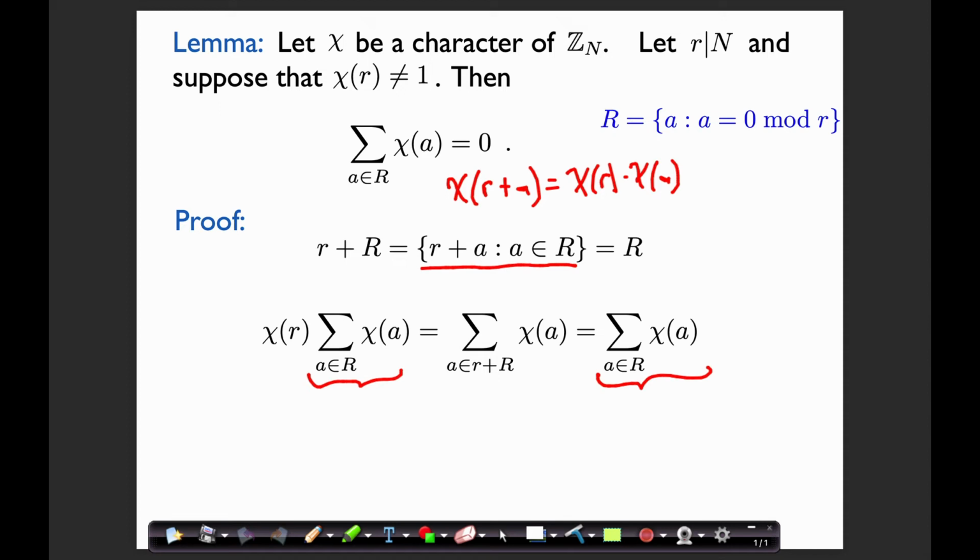Okay, so now if this sum is not equal to 0, then I could just divide by this sum, and I would find that chi of r is 1. But I'm promised that chi of r is not equal to 1. Okay, so therefore, this sum must be equal to 0. Okay, and that proves the lemma.